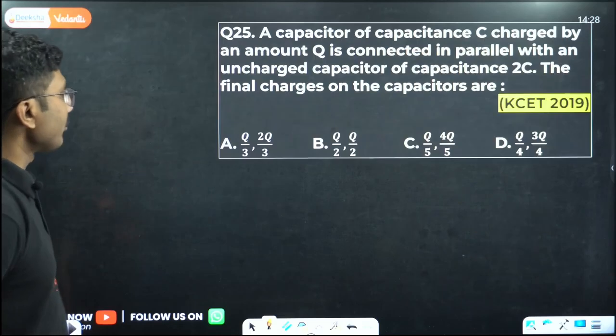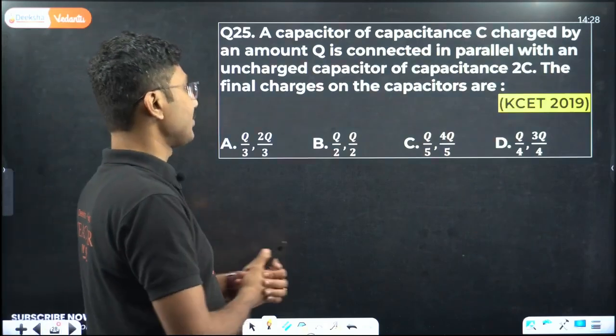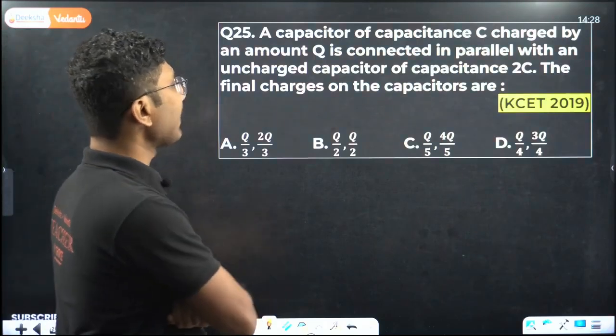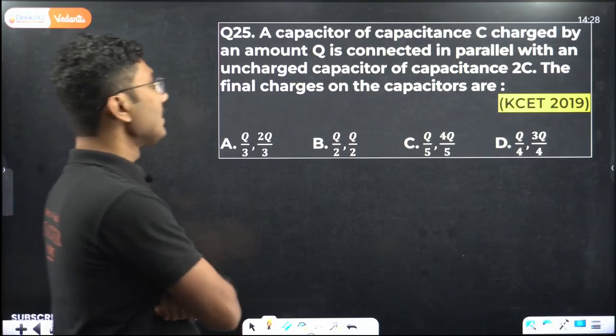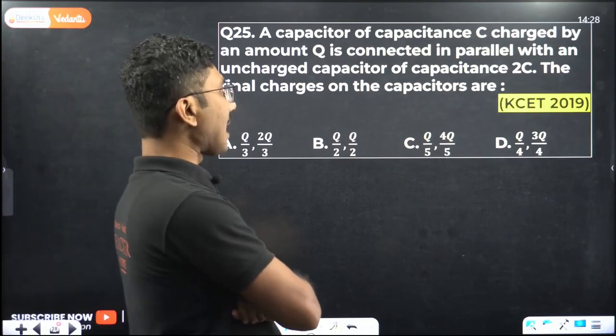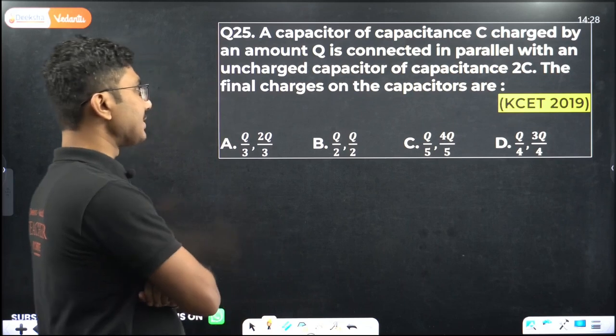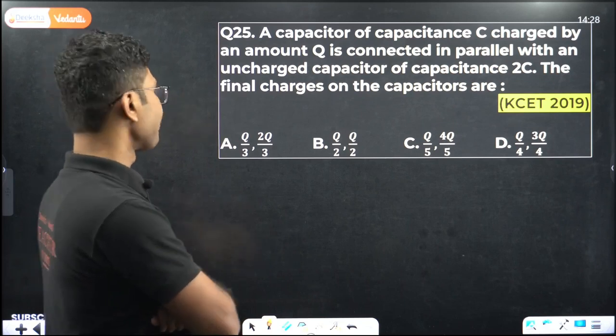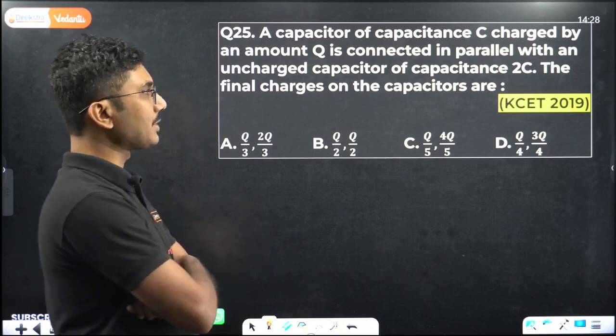And let's move on to question number 25, the last question of the day. A capacitor of capacitance C charged by an amount Q is connected in parallel with an uncharged capacitor of capacitance 2C. The final charges on the capacitors are.